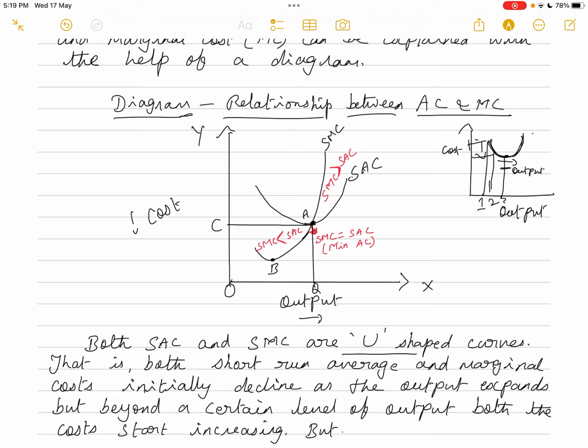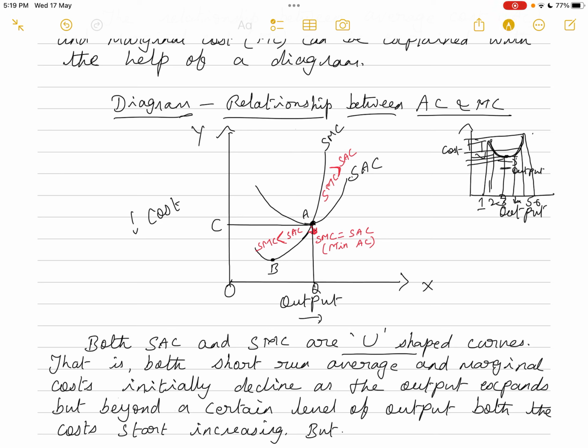When the output increases to 3 units, the cost is still decreasing. Okay, and then afterwards what is happening? When the output is increasing to 4 units, slowly the cost keeps on increasing. When the output is increasing to 5 units, again you can see that the cost keeps on increasing.